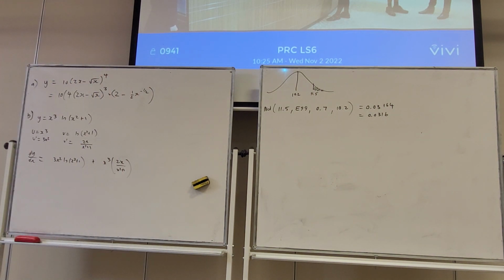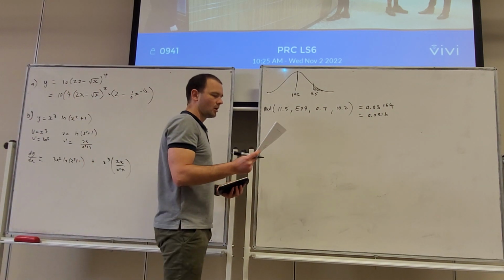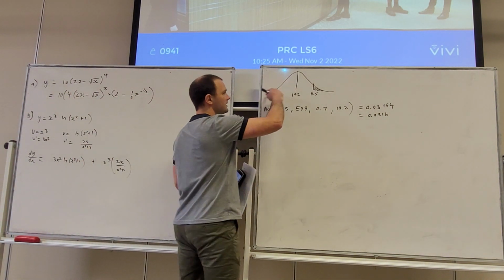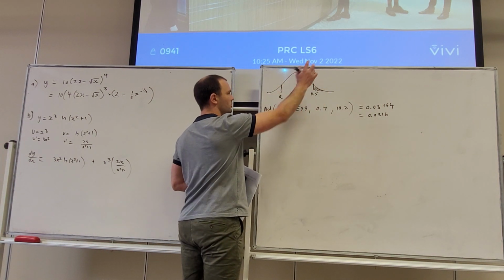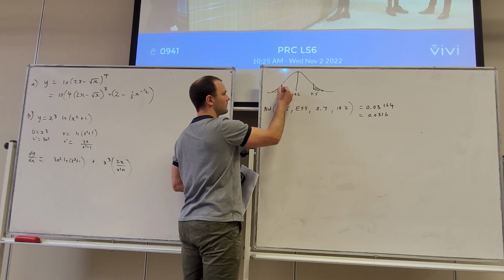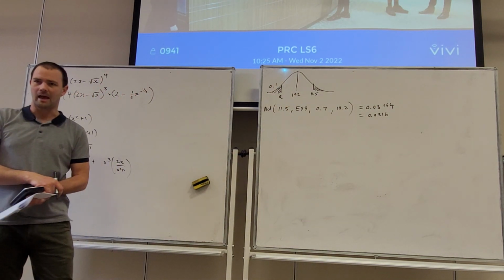All right, given that the probability of the distribution of A being less than some number a is equal to 0.1, find the value of a. Okay, so here's the distribution of A, and we've said the probability of this distribution being less than this number is 0.1. Find the value of a.